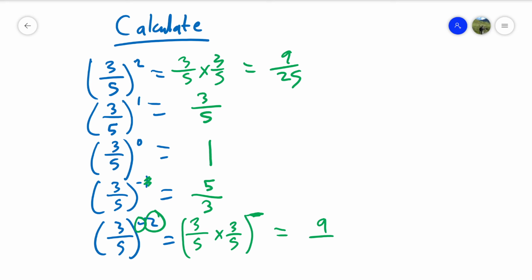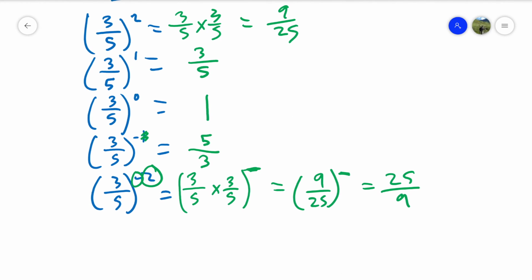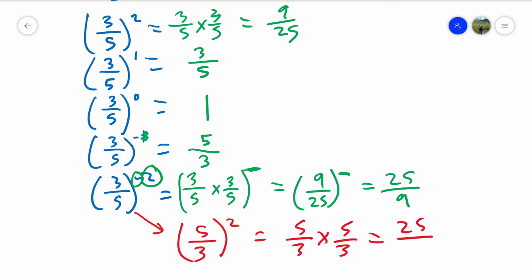So that's 9/25, and I still haven't done the minus yet, which is 25/9. There we go. And for completeness, you can do it in any order. I could have said that's the same as 5/3, because I'll do the minus straight away, squared. It doesn't matter which order you do them in. So that's 5/3 times 5/3, which is 25/9.